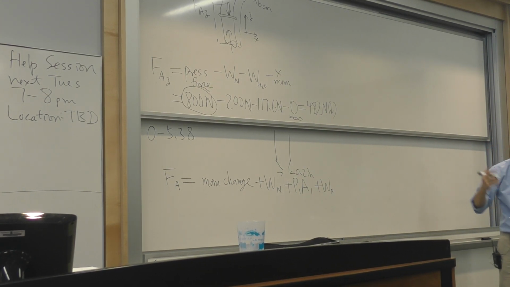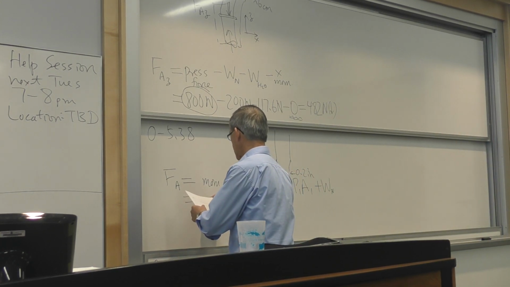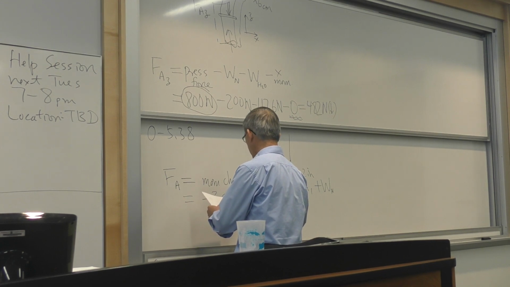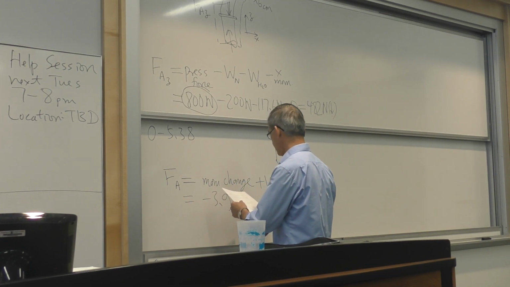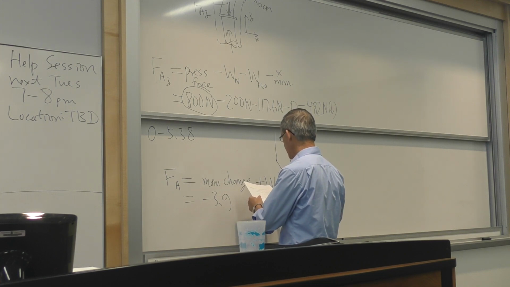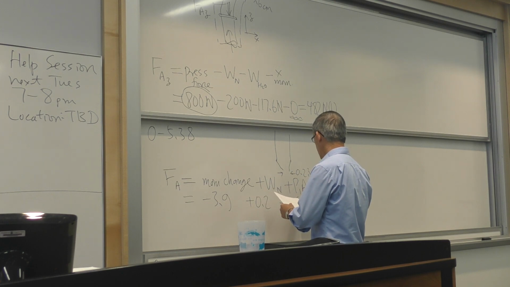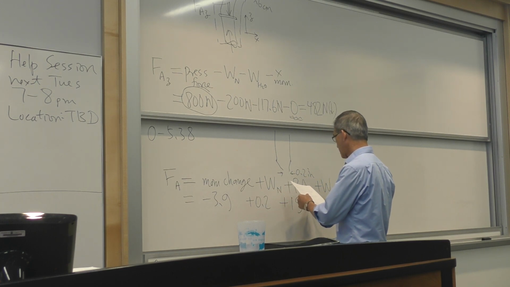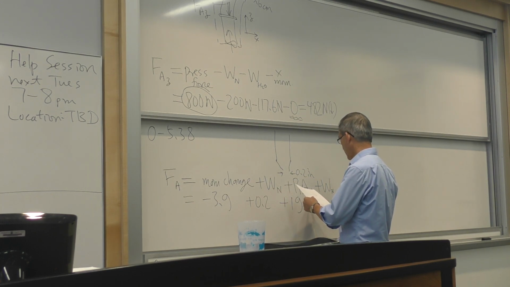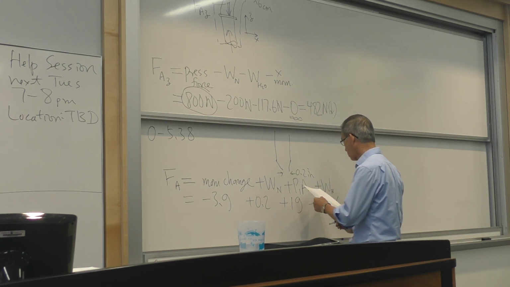I just said the term kind of switch, but for this smaller problem, the momentum change is about 4 pound force. The weight of the nozzle, due to the size, is about 2/10. The pressure force times the area is 19, and the weight of the nozzle is even smaller.